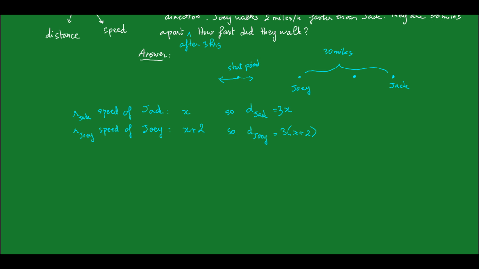If you add them up, from here to here is D of Joy, and from here to here is D of Jack. You add them together, and it gives you the whole thing, right? It gives you 30 miles.